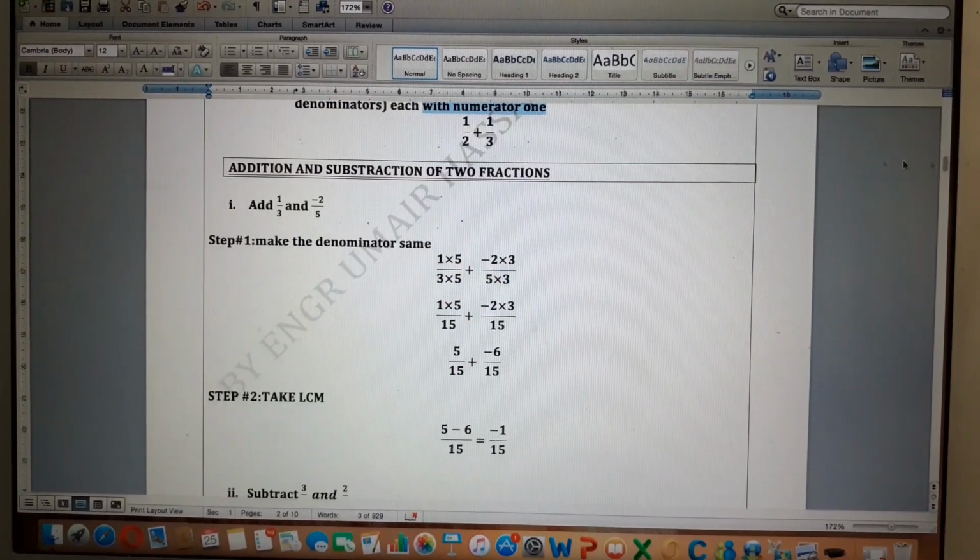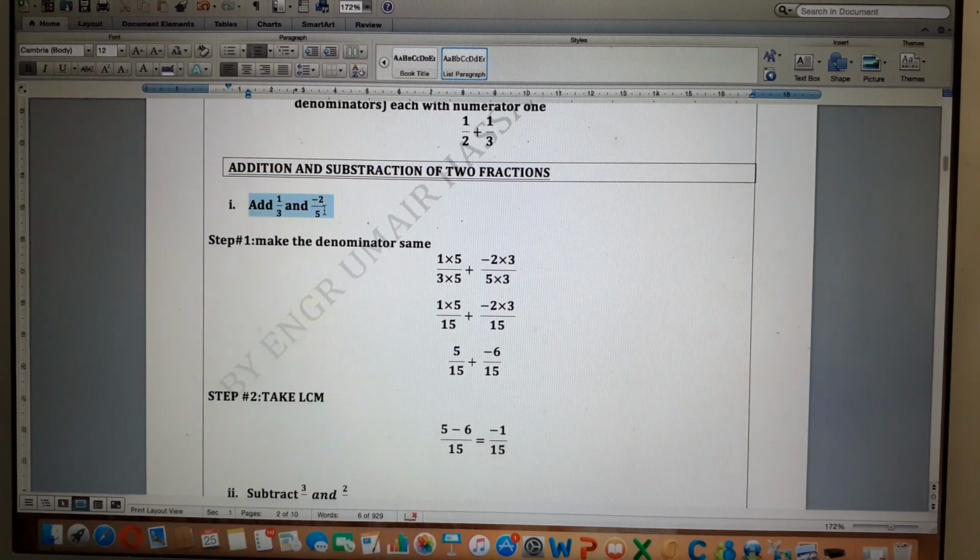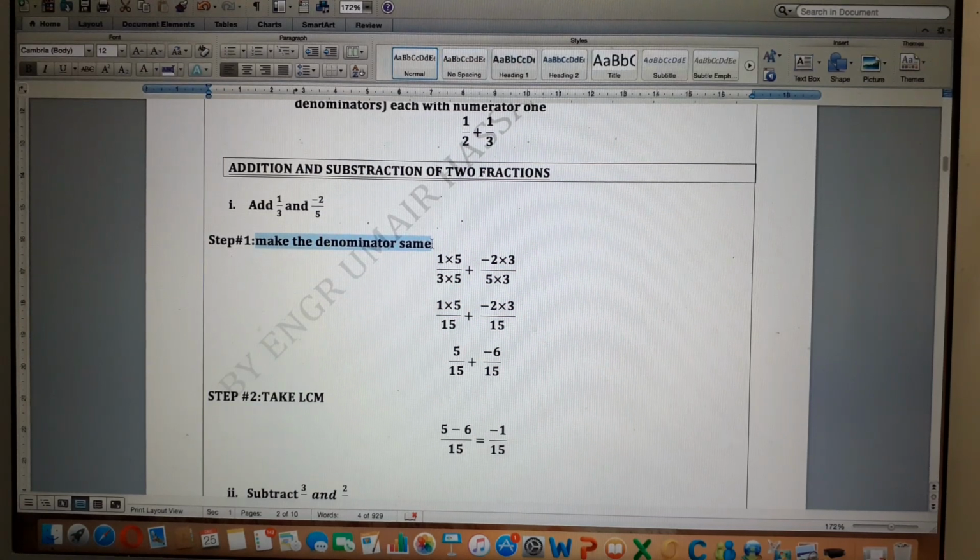Now coming towards addition and subtraction of two fractions. When I have to add any two fractions, the simplest way of adding the fractions is to make the denominator the same. Now if I observe 1 over 3 and minus 2 over 5, which have to be added, here the denominator is 3 and here the denominator is 5.